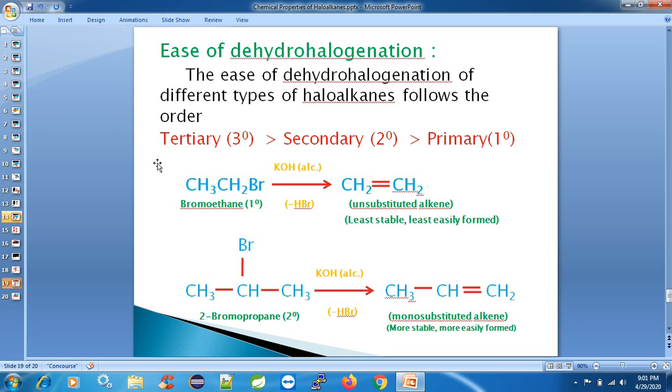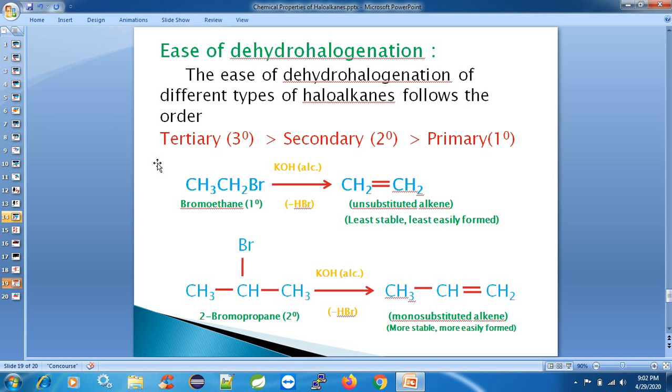This concept we can also discuss according to Saytzeff rule. According to Saytzeff rule, during dehydrohalogenation, the alkene with a greater number of alkyl groups at the doubly bonded carbon atoms is the preferred product, meaning it is the major product. So it means the more substituted alkene is more stable and is formed faster.